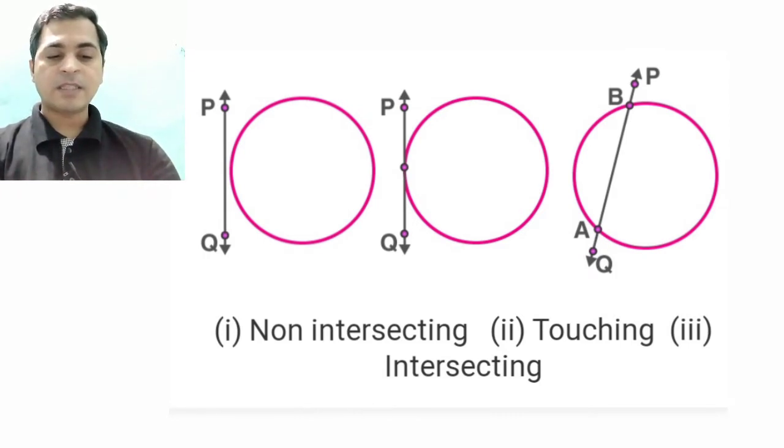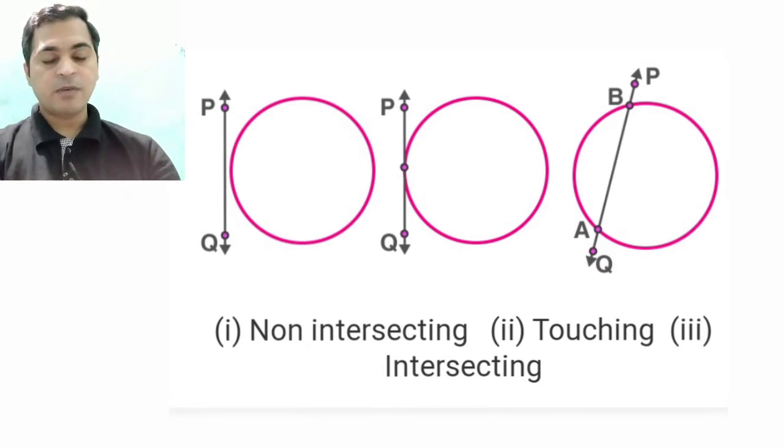In this case, the line is said to be a tangent of the circle. In the third case, you can see that the line passes through the circle at two distinct points. Those distinct points are A and B, right? You can see that line PQ passes through the circle, and these two points on the circle are A and B.